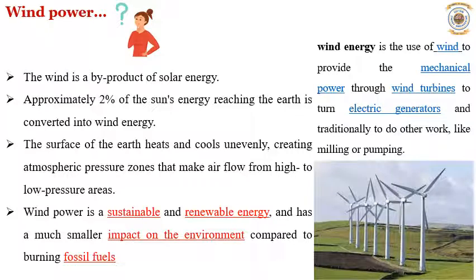So wind energy is the use of wind to provide mechanical power through wind turbines to run electric generators, and traditionally to do other work like milling, pumping, or any other application.